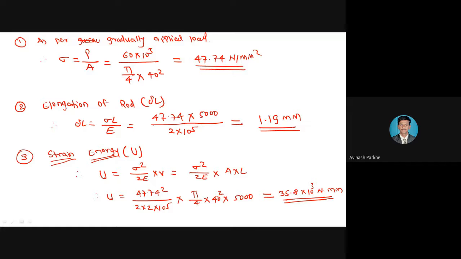Therefore, for suddenly applied load we change the stress formula: sigma is equal to 2P upon A. But here, in the statement, the load is gradually applied. Therefore, for the gradually applied load, the formula is sigma is equal to only P upon A, not 2P upon A. So please use the formula from that particular list and solve the problem.